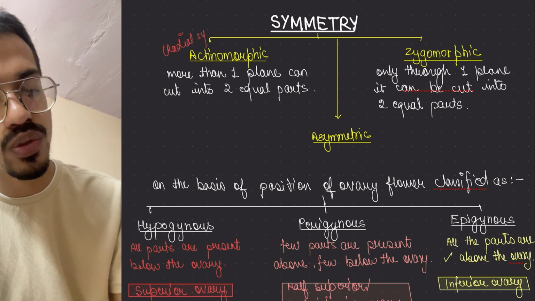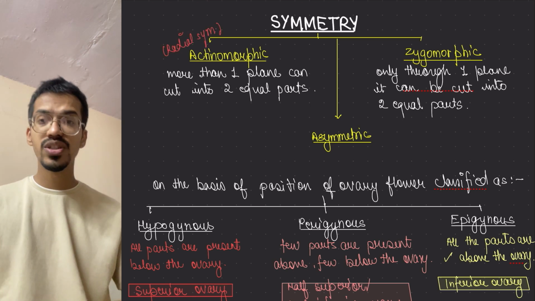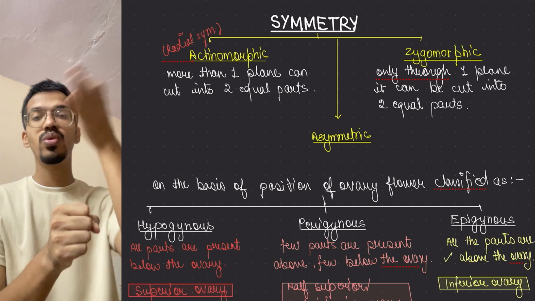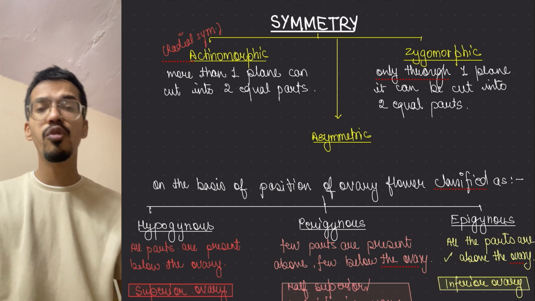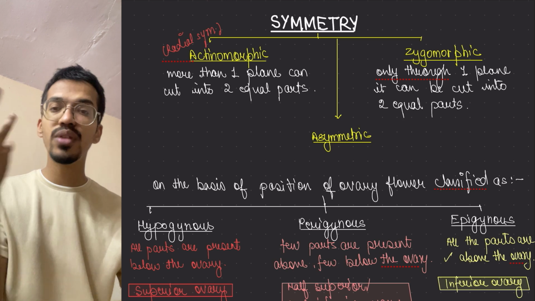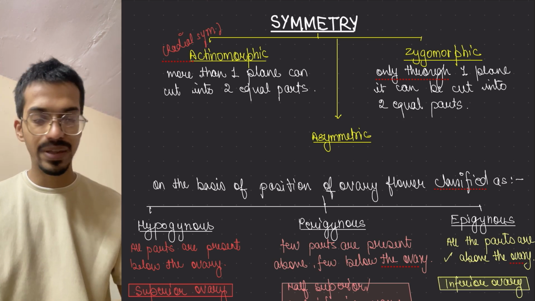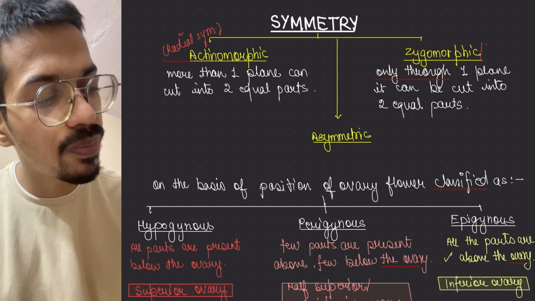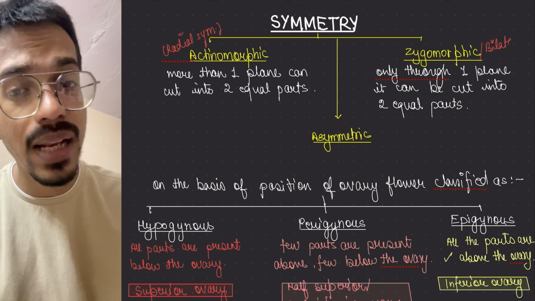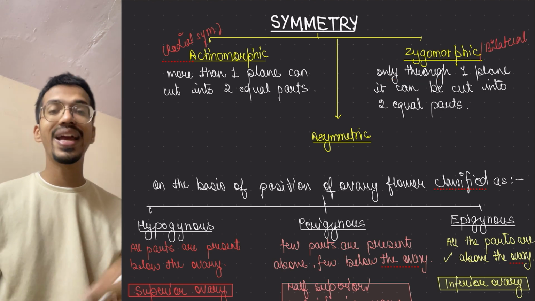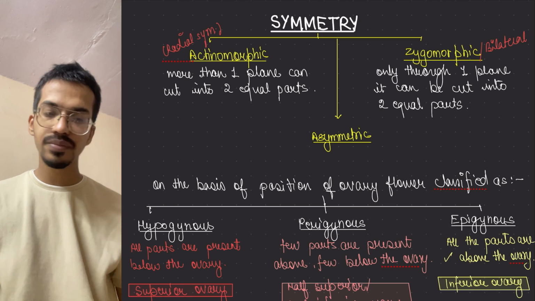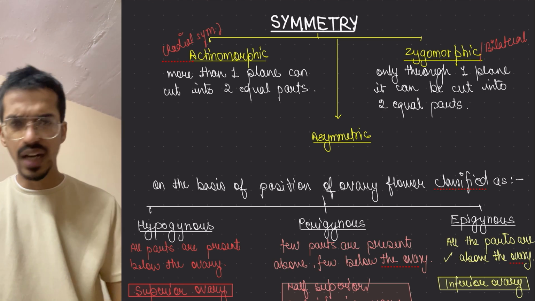Radial symmetry, as we have studied in animals, means we can cut the organism through any plane and it will form two equal parts. More than one plane can form it. Zygomorphic means bilateral symmetry. There is only a single plane through which you can cut the flower. Asymmetric means you can't even cut it, right?